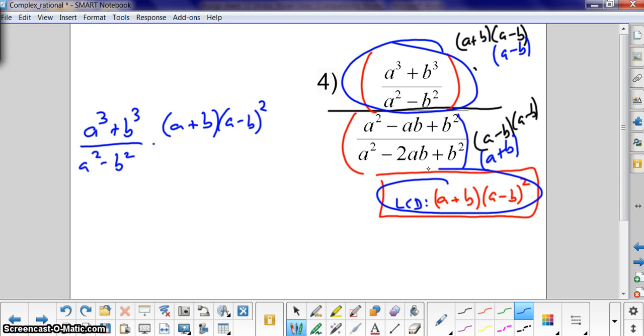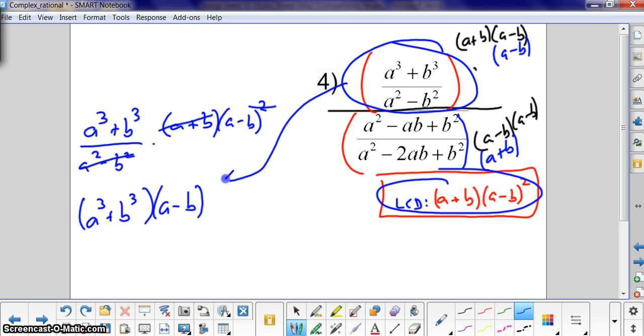When I do that, this a squared minus b squared, we know this is a plus b, a minus b. So it's going to reduce with the a plus b and one of the a minus b's, and that's going to go away. So my new numerator is going to be a cubed plus b cubed times a minus b.